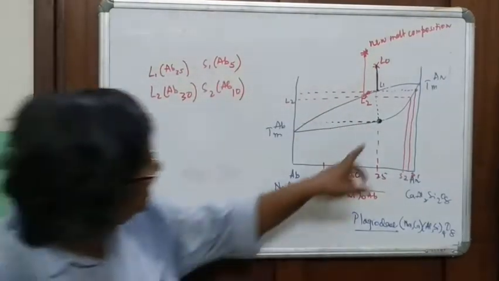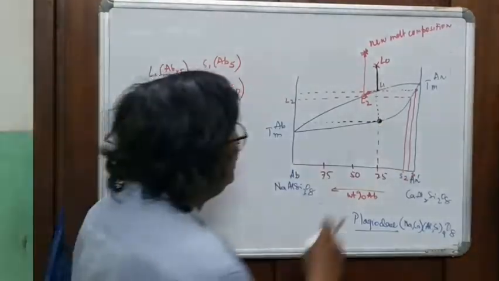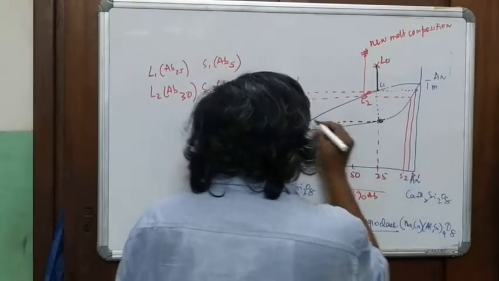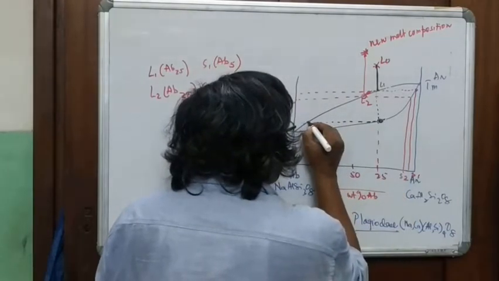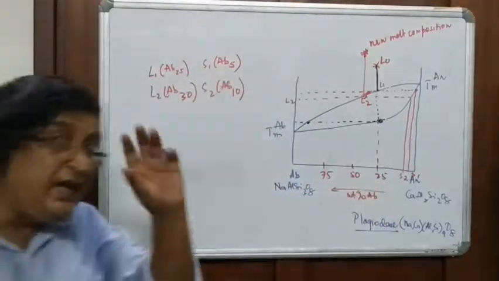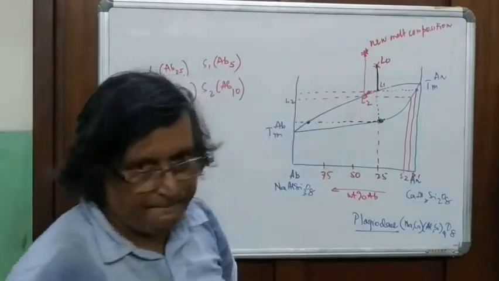This would have been the last liquid composition, corresponding to which this would be the composition of the last solid, and this would be the composition of the last liquid at that temperature. Have you understood? If it were equilibrium crystallization, the black line.